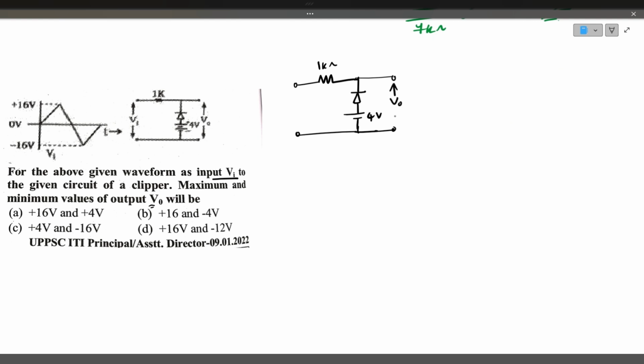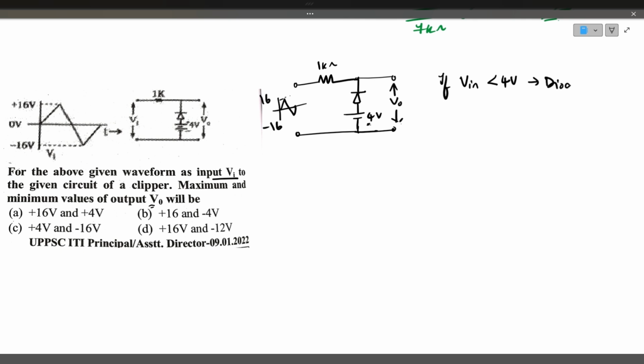See, this is output voltage. This diode P type is connected to plus 4 volts, N type is connected to input voltage, which is a triangular waveform, which has a peak of plus 16 and a minus 16. So, if input voltage is less than 4 volts, because here P type is connected to plus 4 volt, if N type is connected to less than 4 volt, our diode conducts.